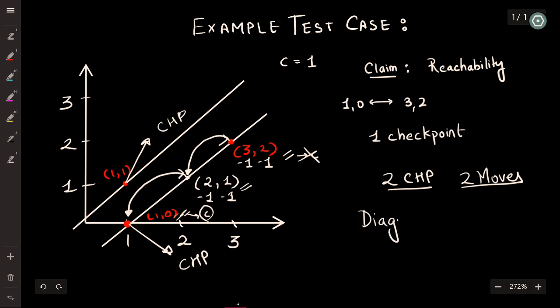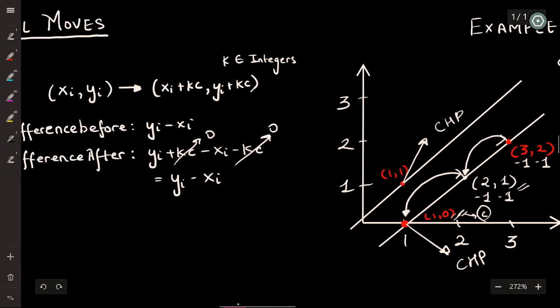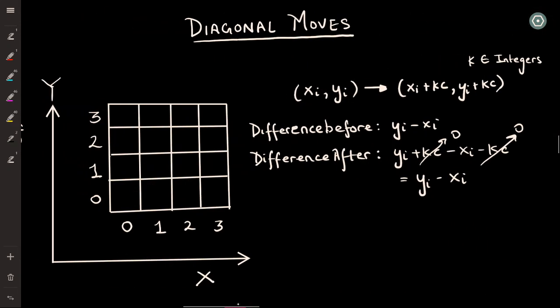Because the diagonal doesn't change after I do this move. We can clearly see from this example that 3 comma 2, after I apply this move multiple times, remains on the same diagonal. But why is that the case? Let's have a look at that.